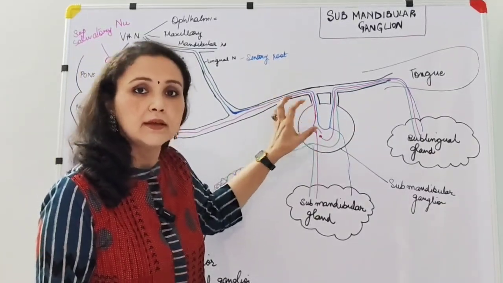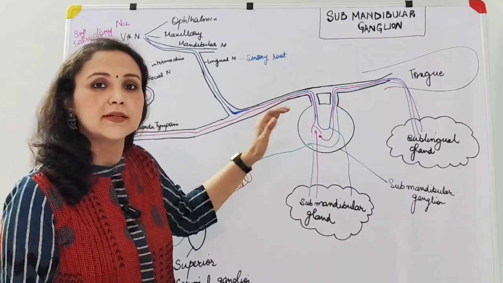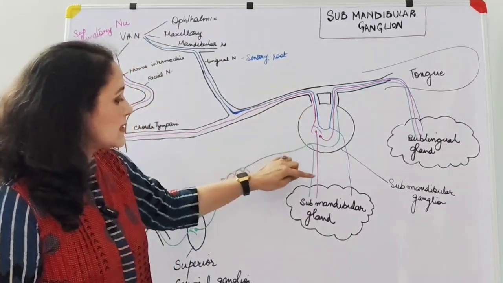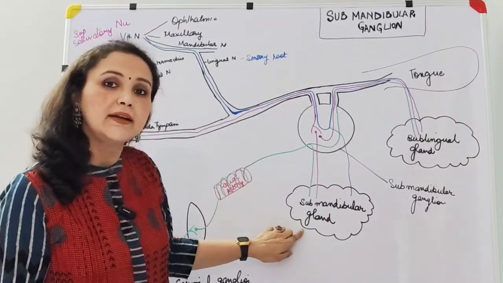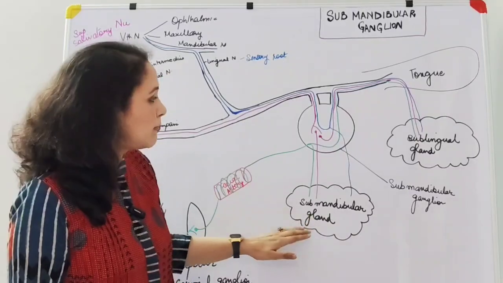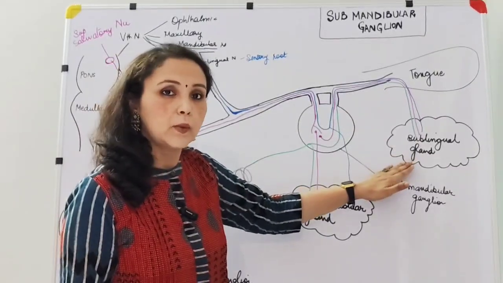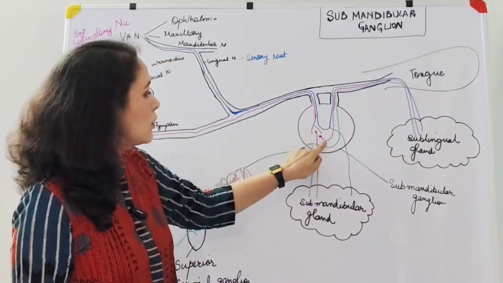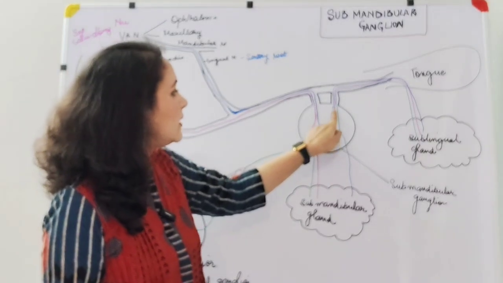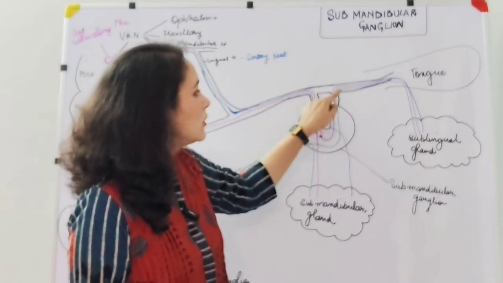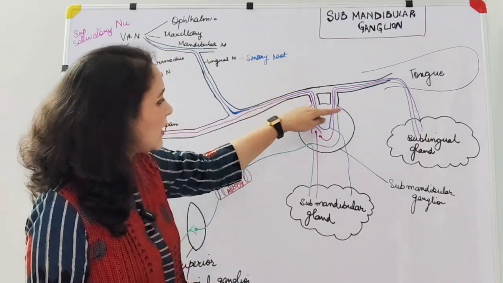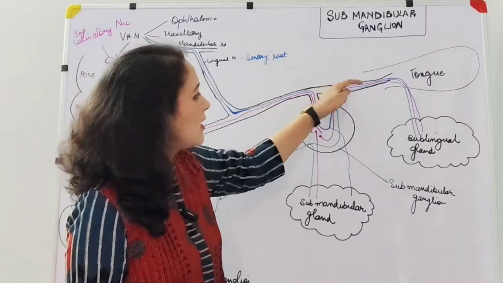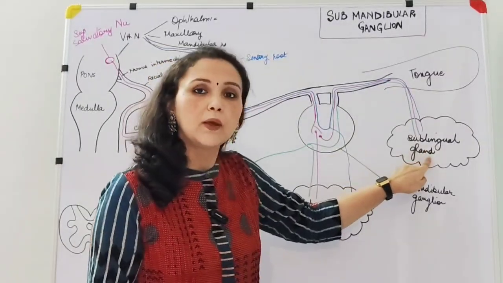After the relay, the postganglionic fibers arise and then they supply the submandibular gland directly, right? But for the sublingual gland, what happens? These postganglionic fibers leave through the route by which the lingual nerve is suspending the ganglion and then finally reach the sublingual gland.